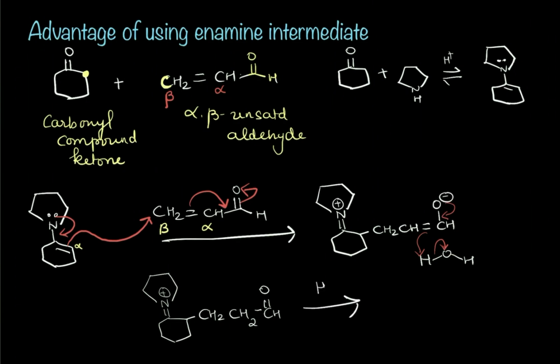Okay, remember the last step would be the hydrolysis for converting the C double bond N into C double bond O. So as you can see from here, the alpha carbon of the carbonyl compound is actually connected to the beta carbon of the alpha beta unsaturated carbonyl compound. So this is one other application of enamine.